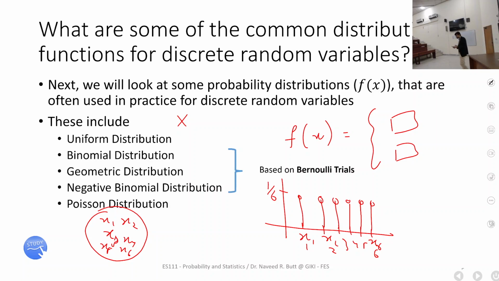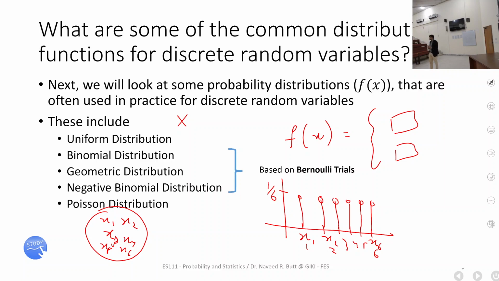Uniform. Yes. So basically uniform distribution is the mathematical function where the discrete set of possibilities are equally likely. If you are dealing with a probabilistic problem where all the possible outcomes in the sample space have equal chances, we're not saying what those chances are.